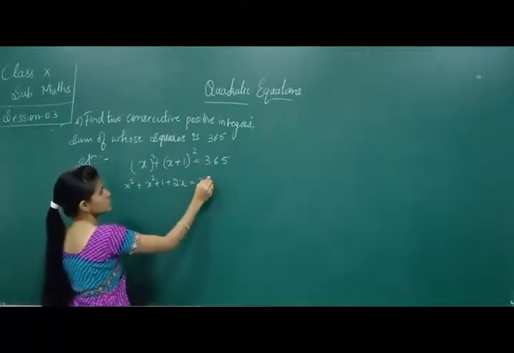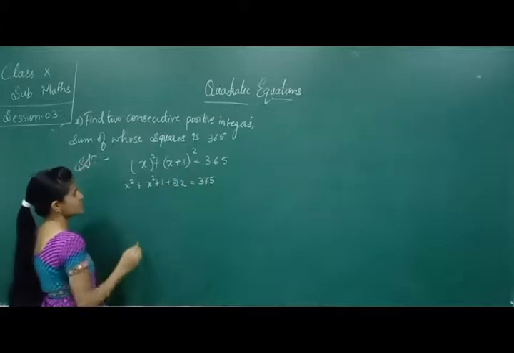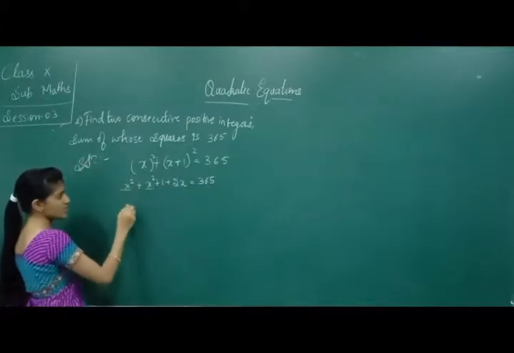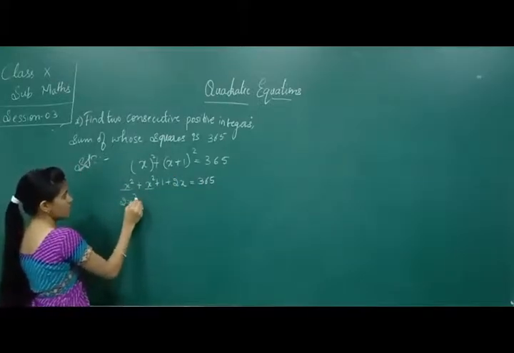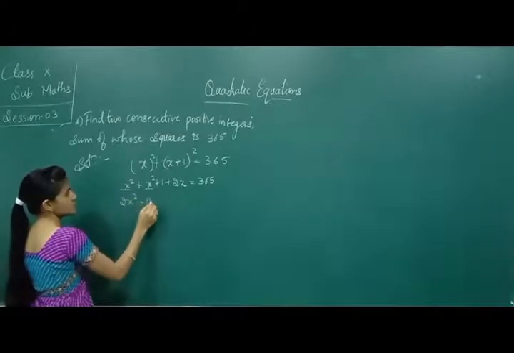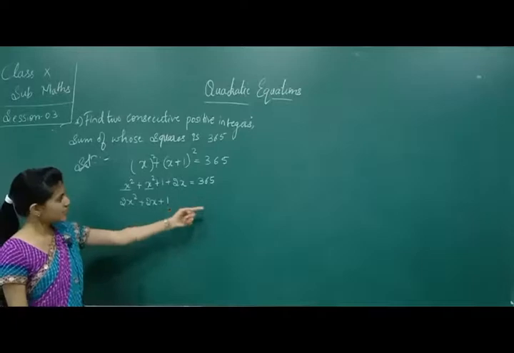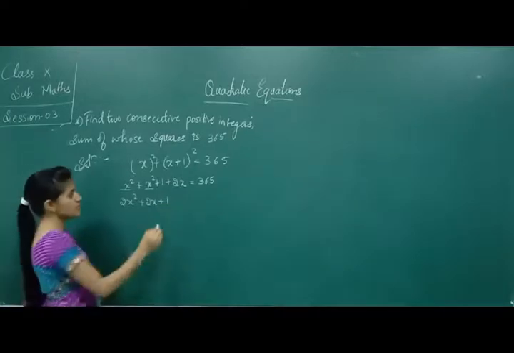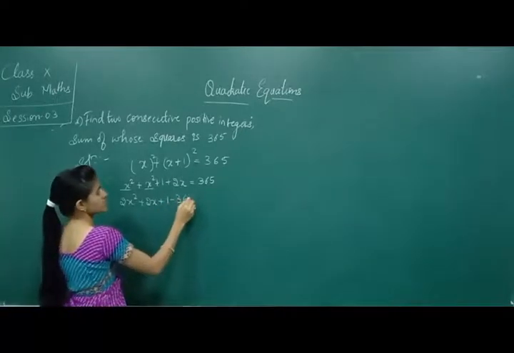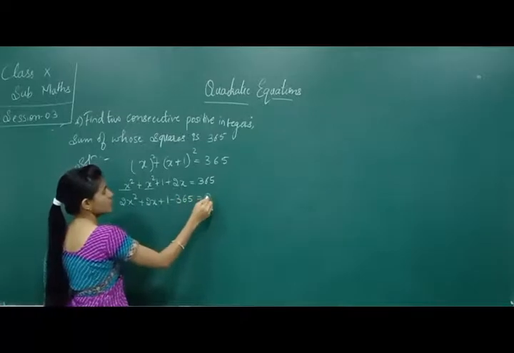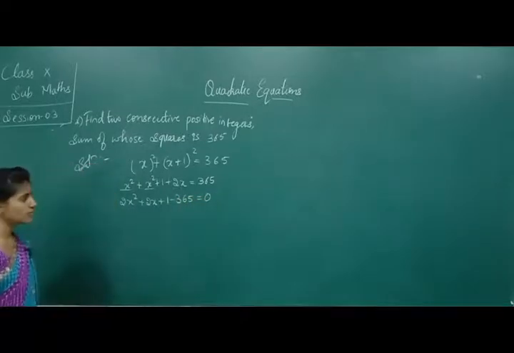So x square plus x square, 2x square plus 2x plus 1 equals 365. If I shift it to this side, it's going to be minus 365. That is going to be equal to 0.